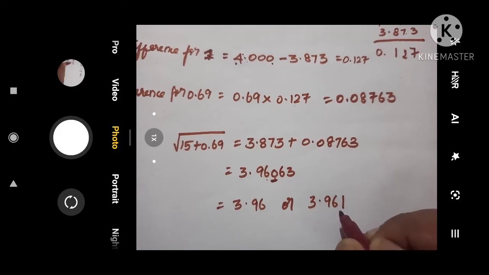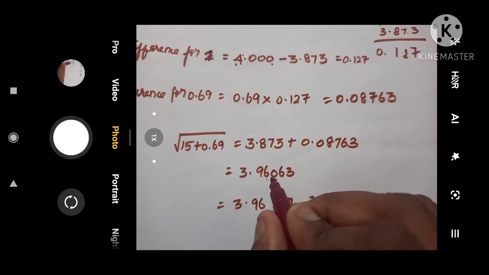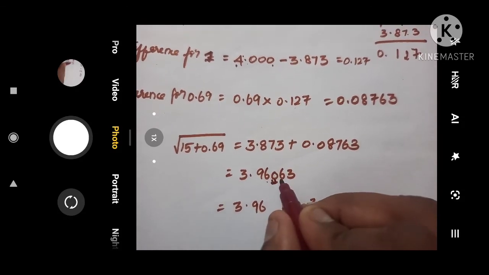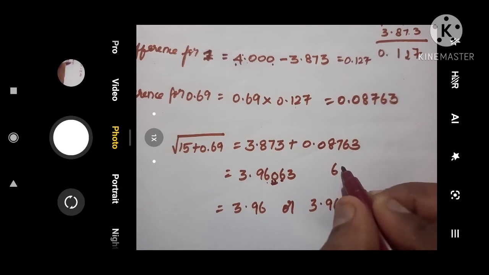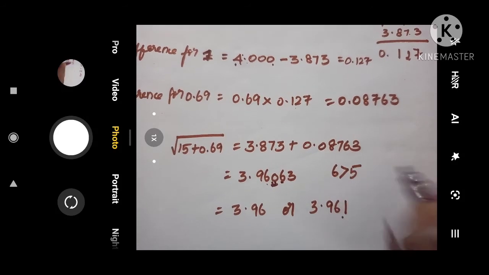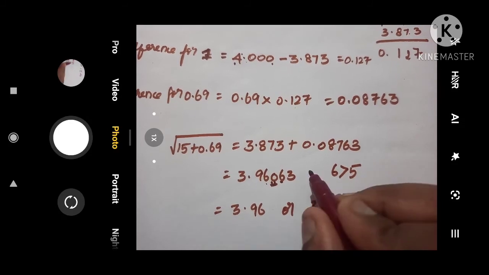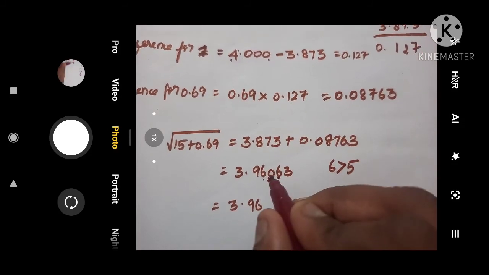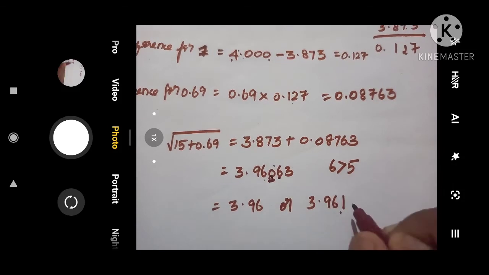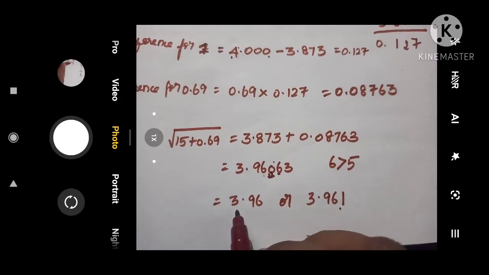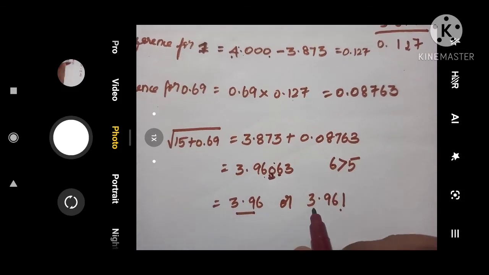Why I take this one means, here the third decimal place is 0, fourth decimal place is 6 is greater than 5. So you need to add 1 to the before place. So if you take add 1 means 0 plus 1, 1. So you write 3.96 or 3.961.